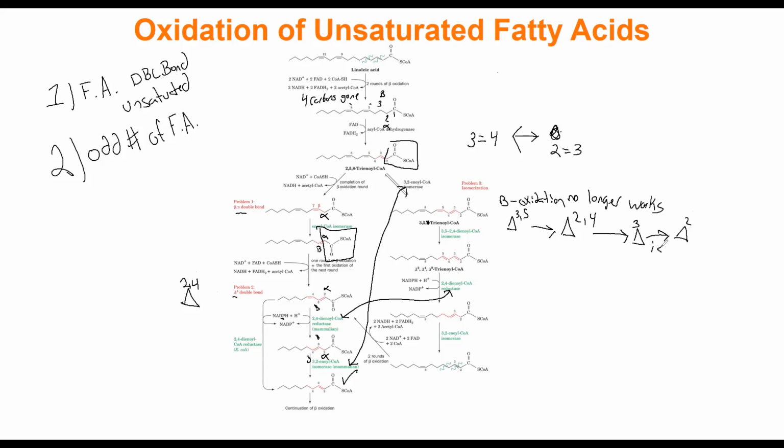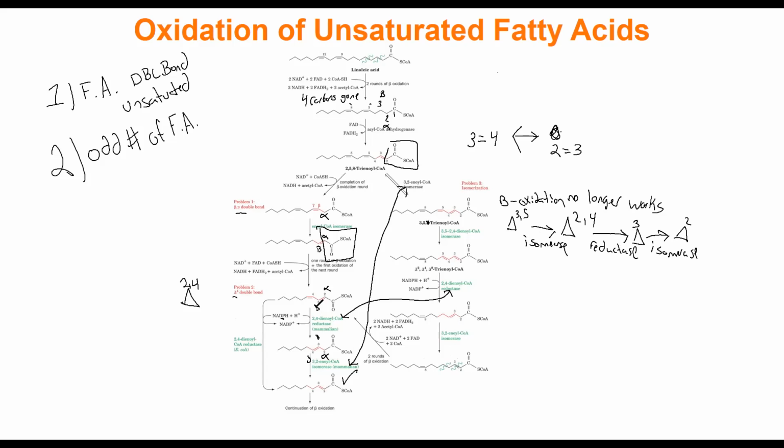This is done by isomerase. This is a reductase. This is also an isomerase. Then this will run, but we have another double bond over here at the 8 position. And so eventually you're going to run into the delta 2,4 problem again.